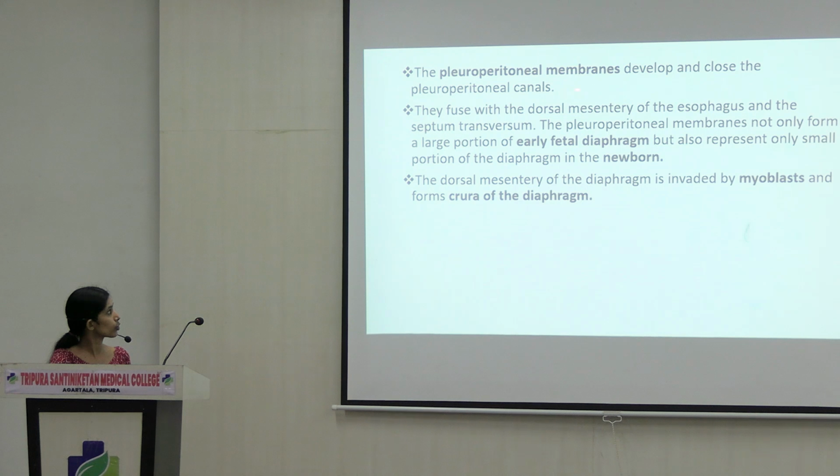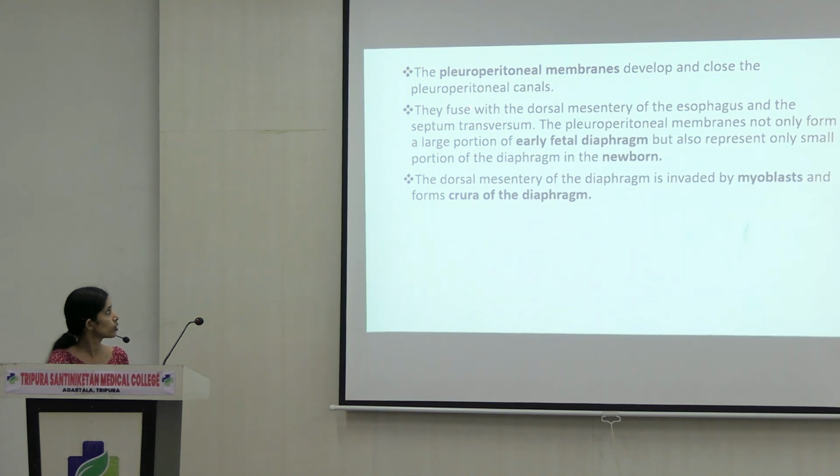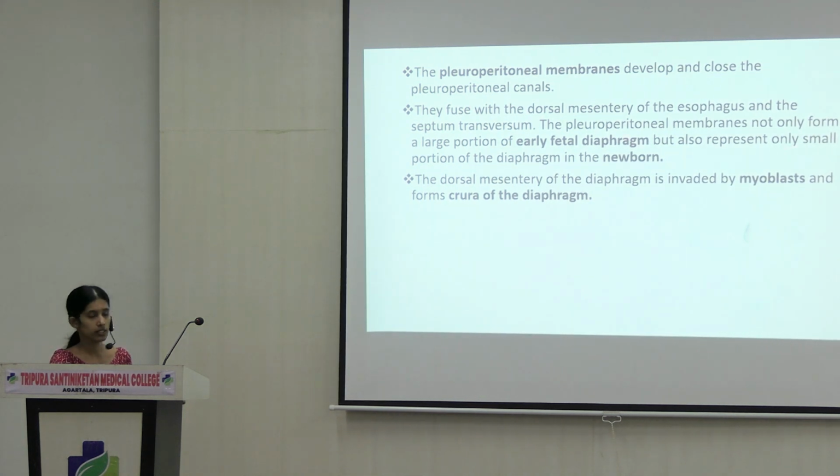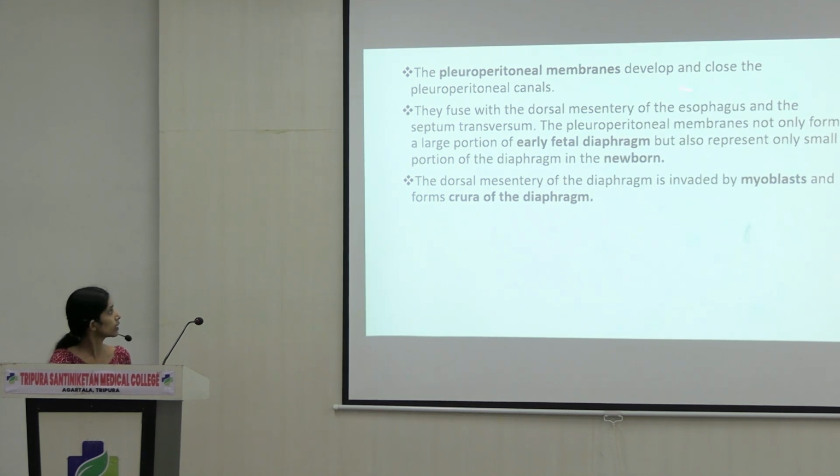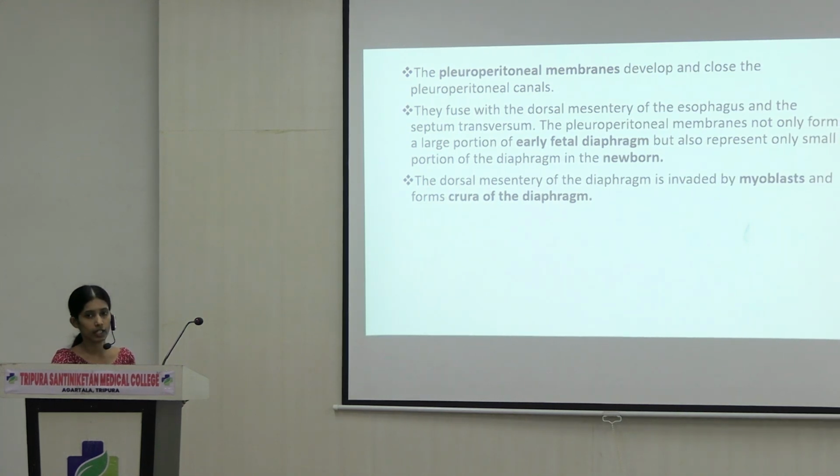The pleuroperitoneal membranes develop and close the pleuroperitoneal canals. You can see here, this is the extra membrane that is forming in your pleuroperitoneal canal, and the pleuroperitoneal membrane which develops will close your pleuroperitoneal canals.